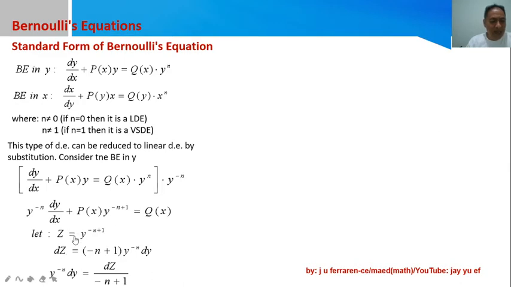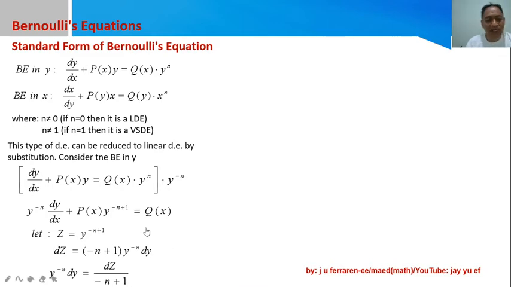If I take the differential of z, then that is equal to minus n plus 1 multiplied with y under the power rule, so minus n plus 1 is subtracted by 1. What is left is y to the power of minus n with a dy. Now I'll be looking for a substitute of this. If I define y to the power of minus n dy, then that can be replaced with dz over the constant of minus n plus 1.